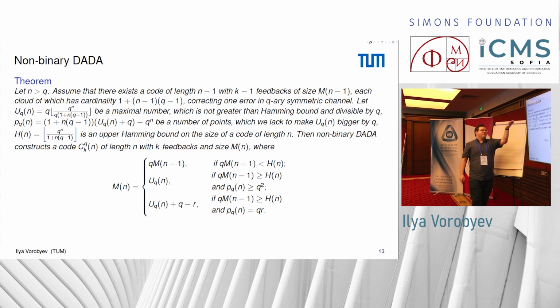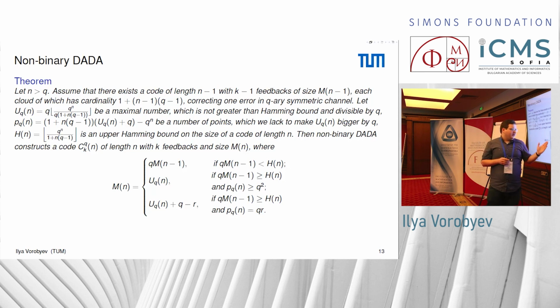So we can generalize our data algorithm into a q-ary case, and this theorem describes the parameters of codes which can be obtained with this algorithm. But basically the idea is that we have this Hamming bound, and if the size of the code of length n-1 is small, then we just multiply the size by q.